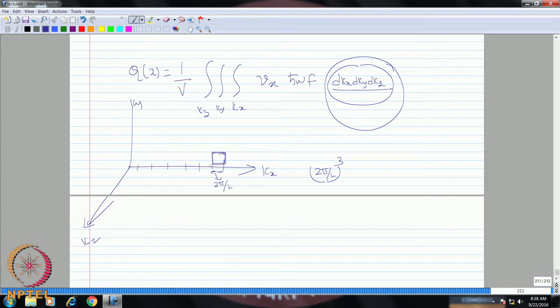So, that is 2 pi by L the whole cube. So, therefore, you can imagine now, I will have a piece of a sphere, a portion of a sphere now, which, if I integrate it over the entire momentum space, will now give me a total solid sphere. Okay. So, how am I going to do this?